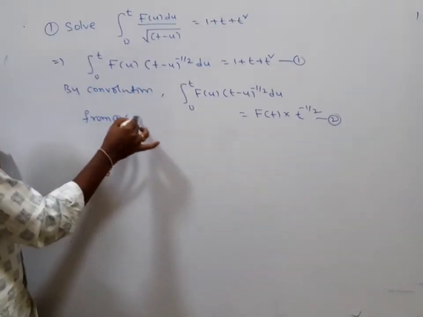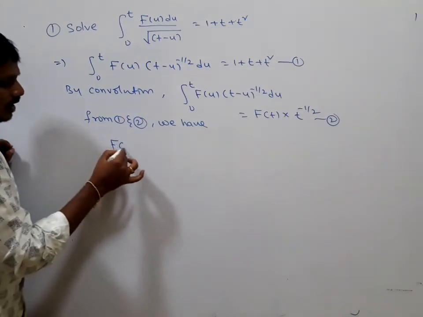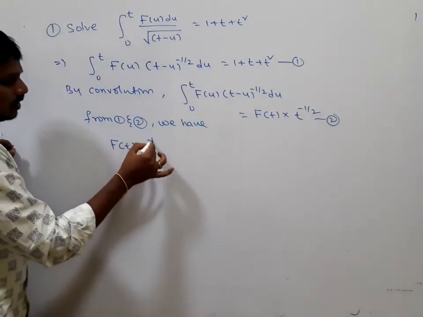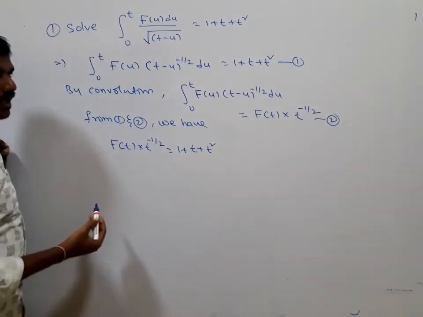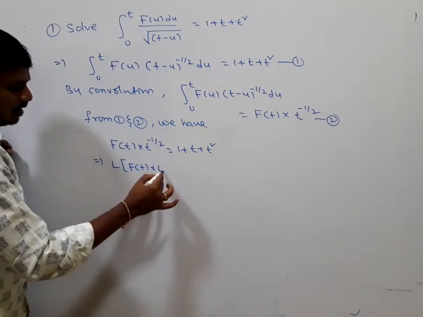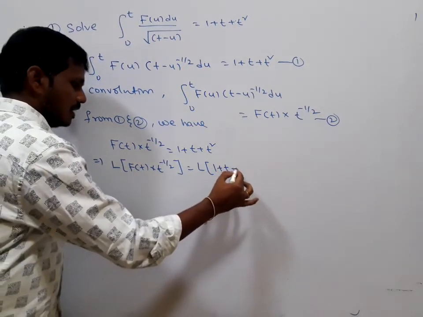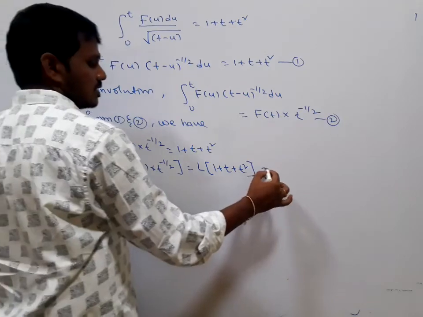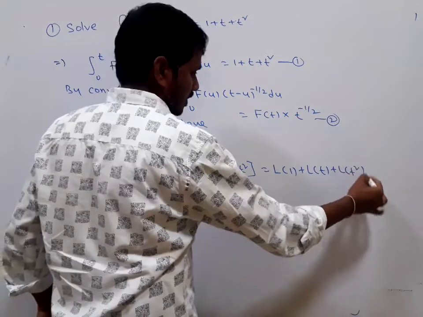From 1 and 2 we have f of t convolved with t to the power of minus 1 by 2 equals 1 plus t square. Now taking Laplace transform on both sides, Laplace transform of f of t convolved with t to the power of minus 1 by 2 is equal to Laplace transform of 1 plus t square, which is same as Laplace transform of 1, plus Laplace transform of t, plus Laplace transform of t square.